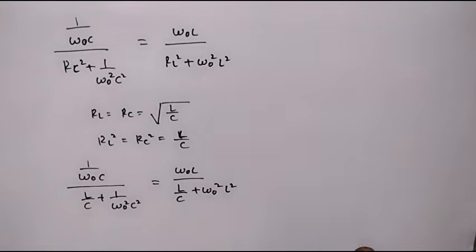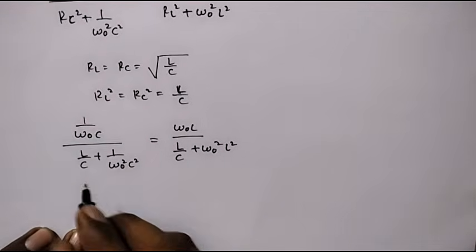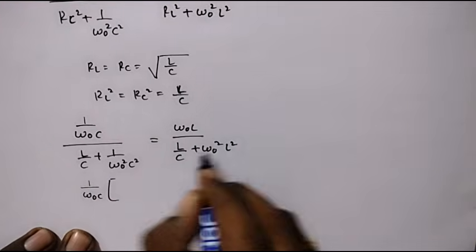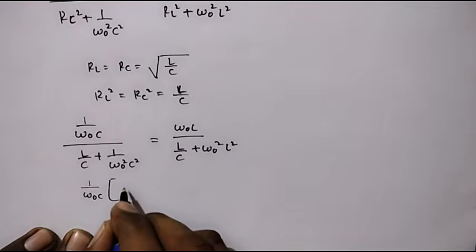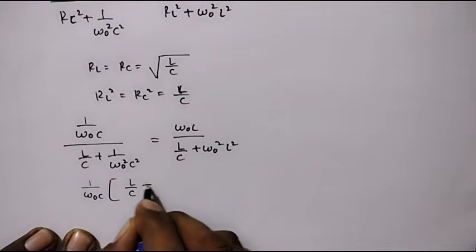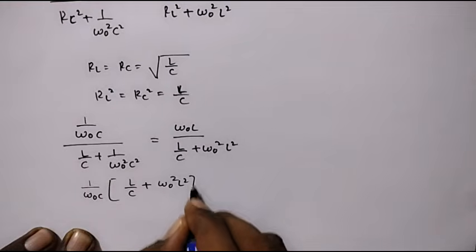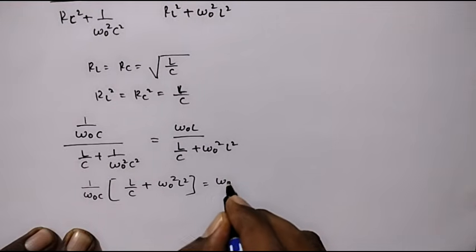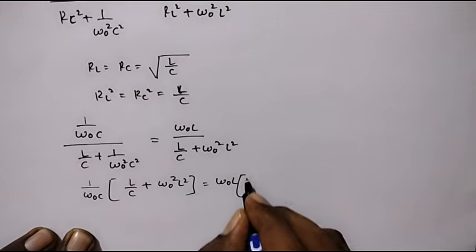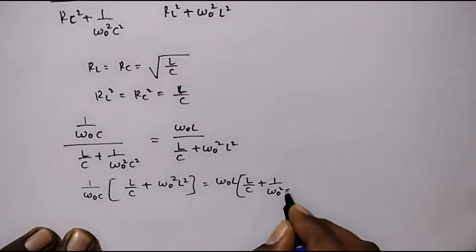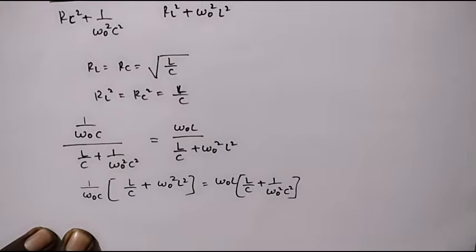So now I'll cross multiply. I can write it as 1 over omega naught C, I'll take this denominator on the left hand side, (L by C plus omega naught square L square) is equal to omega naught L in bracket (L by C plus 1 over omega naught square C square).